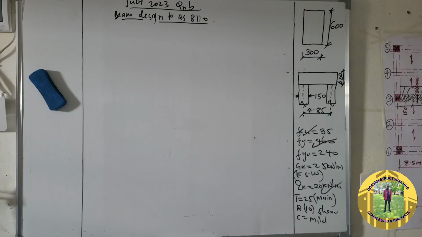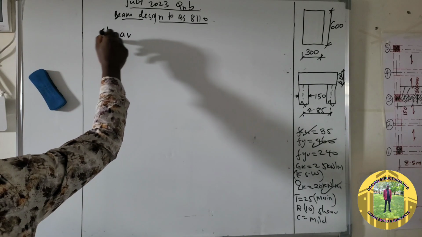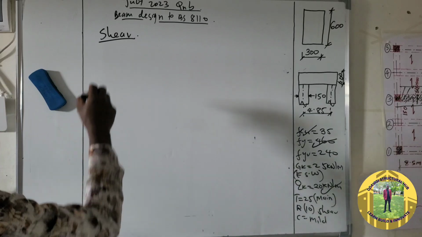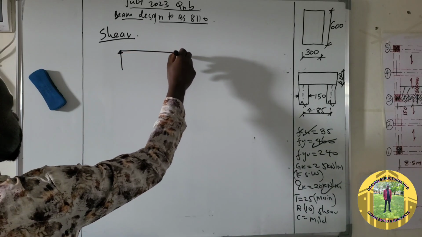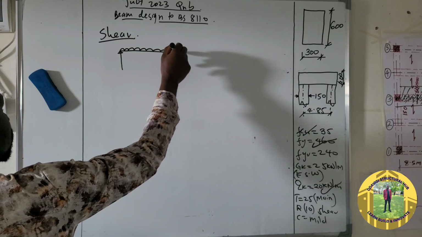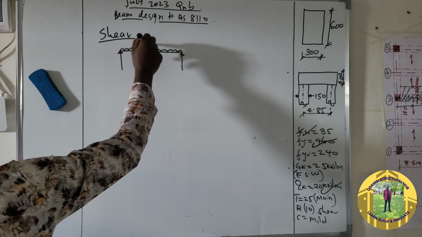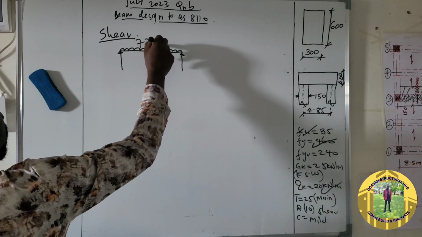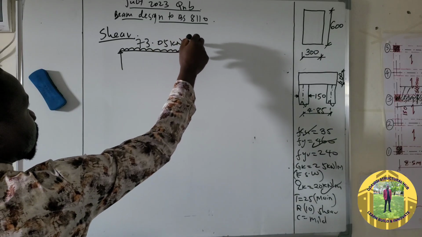So shear, so this was our beam. And the loading is 73.05 kilonewton per meter.